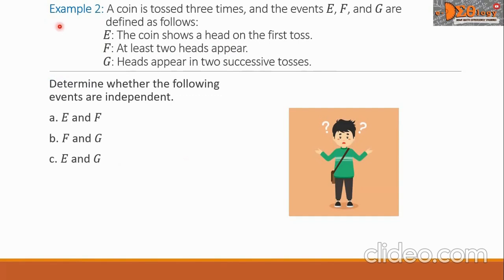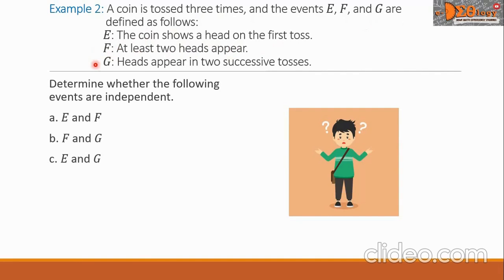Example 2. A coin is tossed 3 times and the events E, F, and G are defined as follows. For event E, the coin shows a head on the first toss. Event F, at least 2 heads appear.